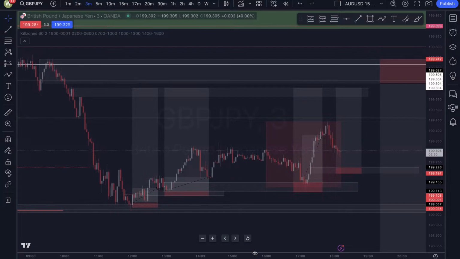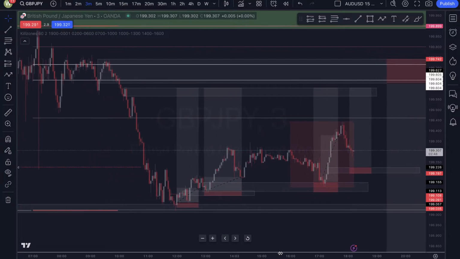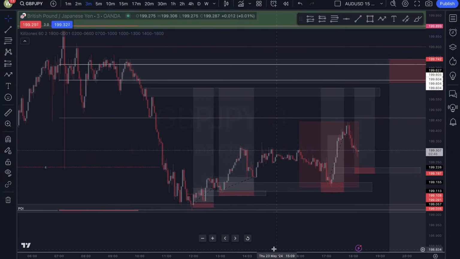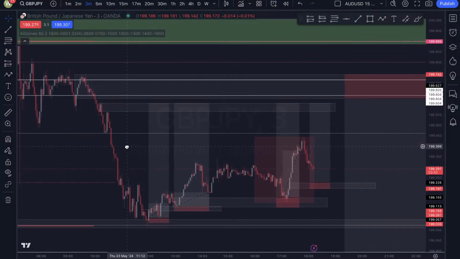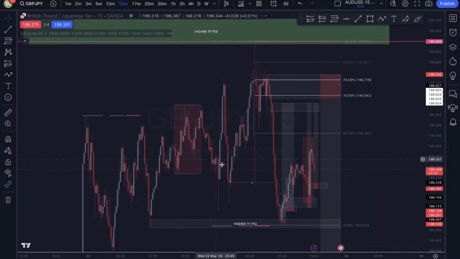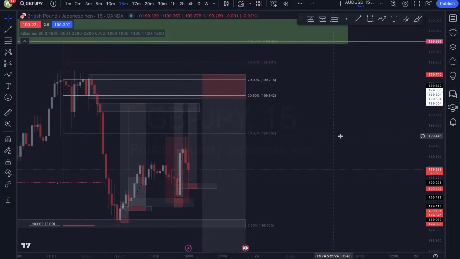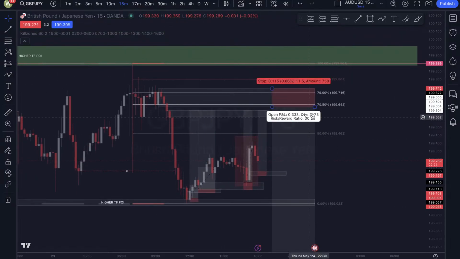So yes, you can catch moves during Asia, but when it comes to the sell off in this range, it's like, okay, we want to see that this is going to actually completely sell off. So using the 15-minute, we can see that order block there. That is our entry model.